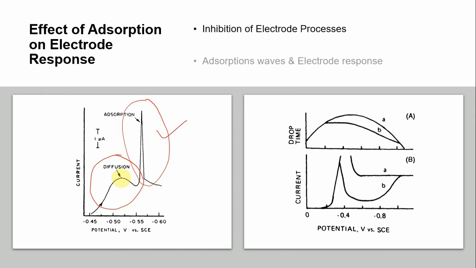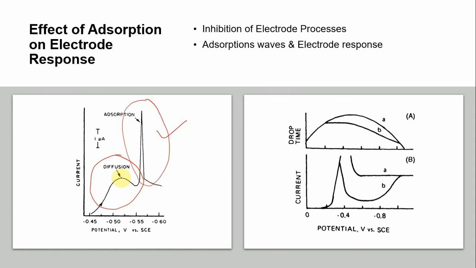Similarly, it can do other things, like affect the potential of the outer Helmholtz plane, which was studied earlier. The presence of adsorbed ions can alter the potential of the outer Helmholtz plane, and therefore it can influence the rate of charge transfer.